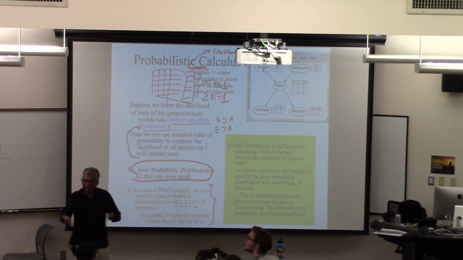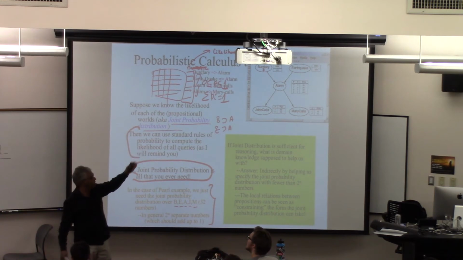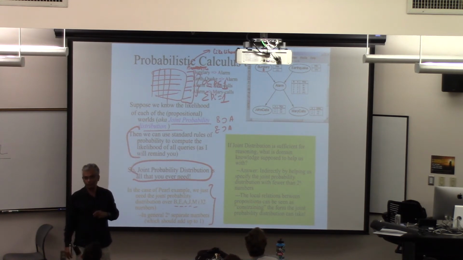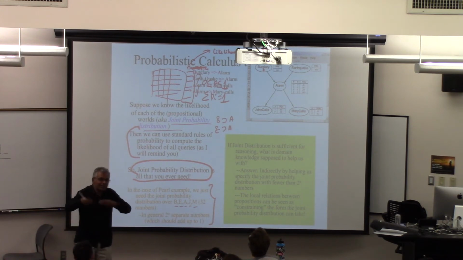This is what you more or less still believe: burglaries typically lead to alarms, earthquakes also typically lead to alarms, alarms typically push John to call, alarms typically push Mary to call. This is the qualitative connection between the variables.